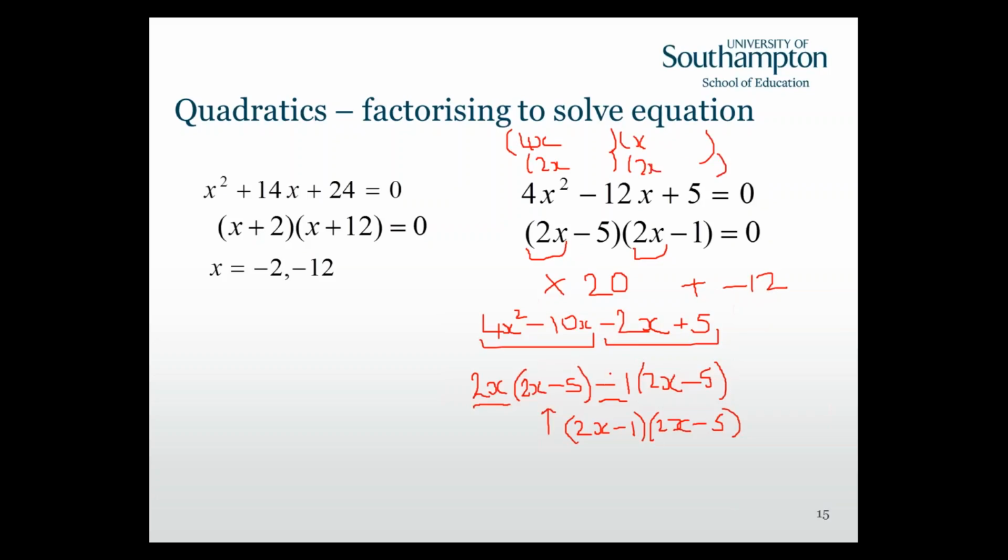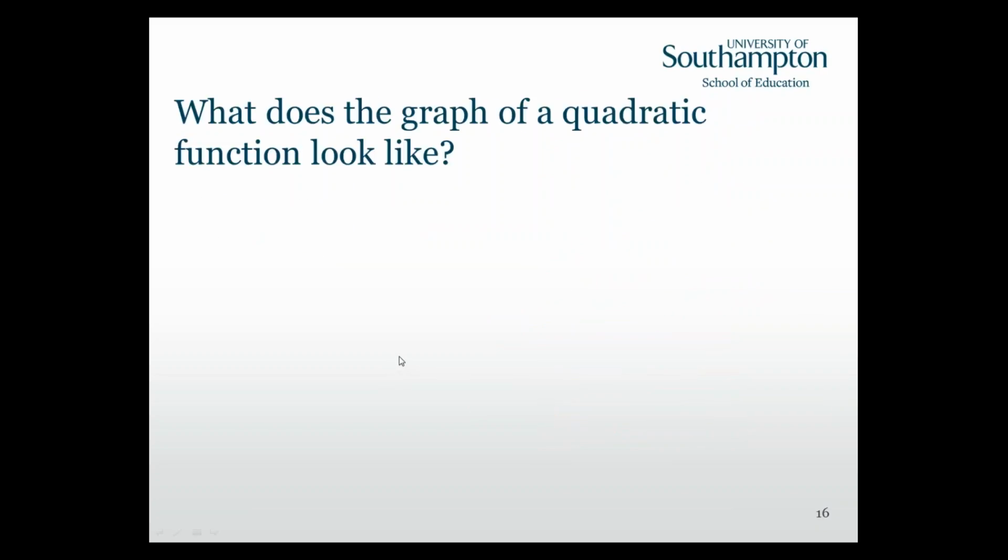I think that's ultimately what it's about. So yeah, this is a process which takes out some of the thought processes, which isn't always good, but is amazingly necessary. But anyway, that's factorizing.